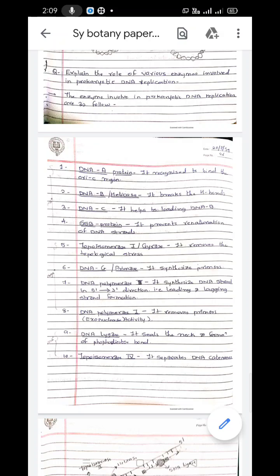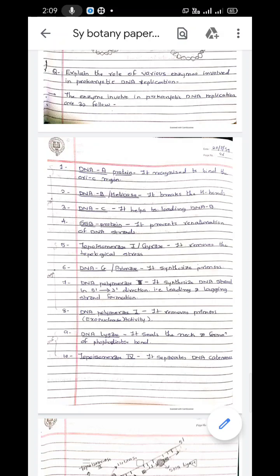In the elongation, only after the primers are synthesized will the new DNA strands start. So at first there is the need for synthesis of primers, and DnaG or primase helps in synthesizing the primers.